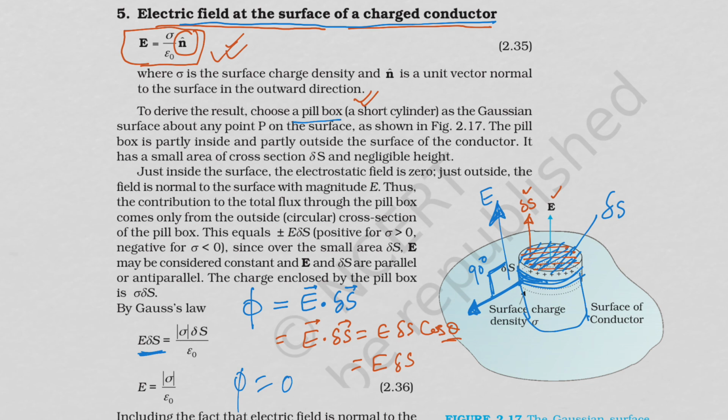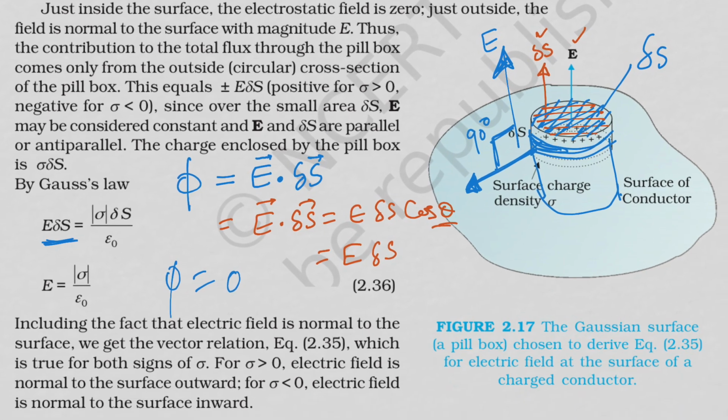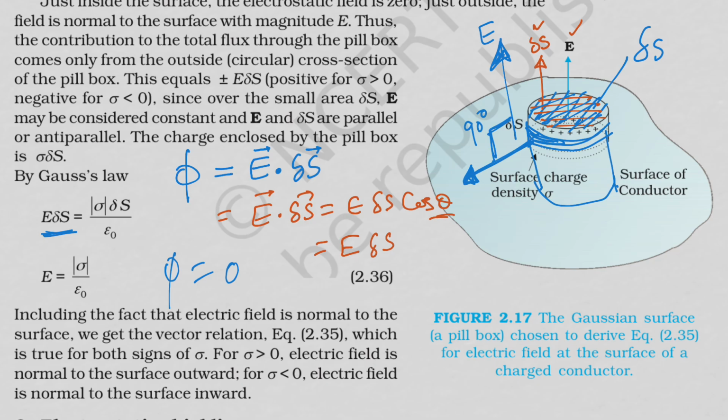Further, when we apply Gauss's law, we will see that the flux is equal to charge upon epsilon naught. Now our charge is sigma multiplied by delta S, where sigma is the charge density.